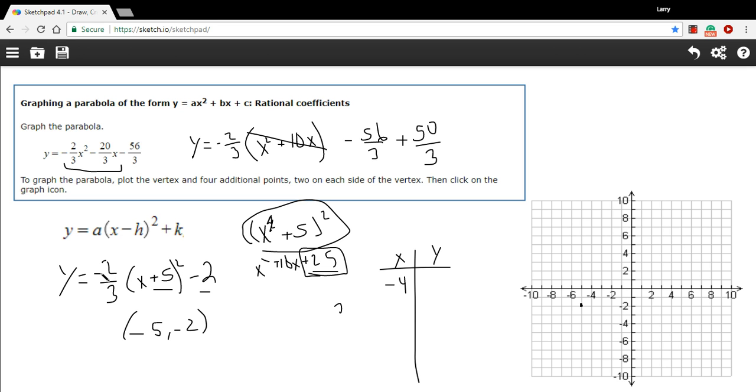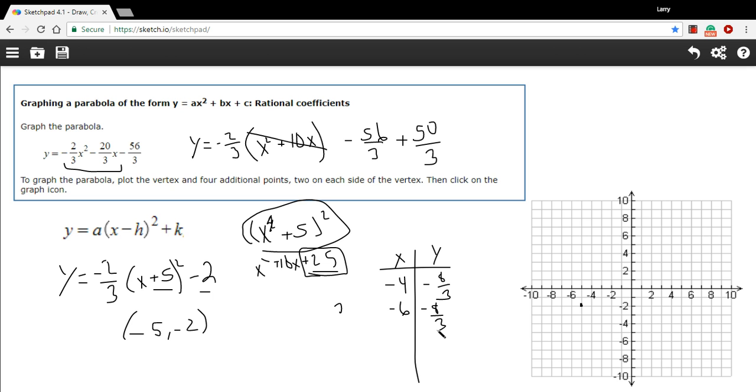So that's a negative 2/3 minus 6/3. So that's a negative 8/3. And the value for our negative 6 should be the same. You'd get a 1 squared here times the negative 2/3 minus 6/3. So that would be a negative 8/3.